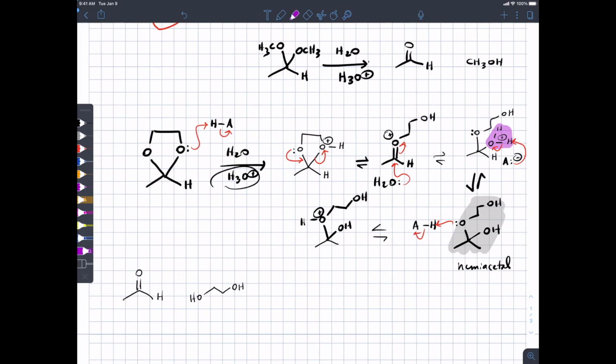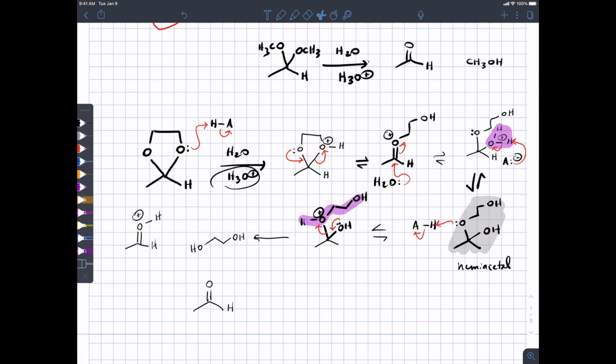Now that we've converted the alcohol group into a good leaving group, the neutral oxygen is strong enough to kick off that leaving group. So that gets us to this alcohol product, and it's starting to look like an aldehyde, only the carbonyl oxygen is protonated.